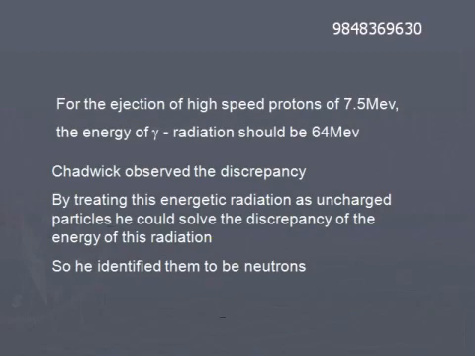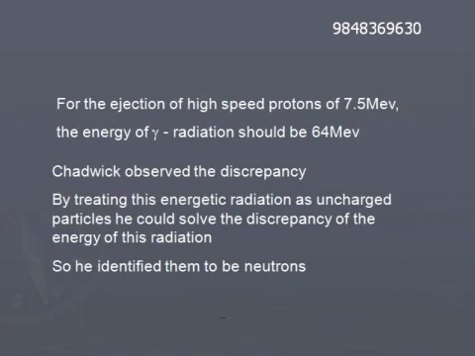Chadwick observed this discrepancy in the energy of this radiation. But by treating this energetic radiation as a chargeless particle, he could solve the discrepancy. So he identified them to be neutrons.